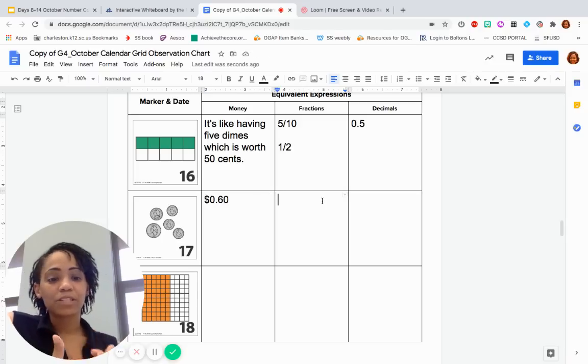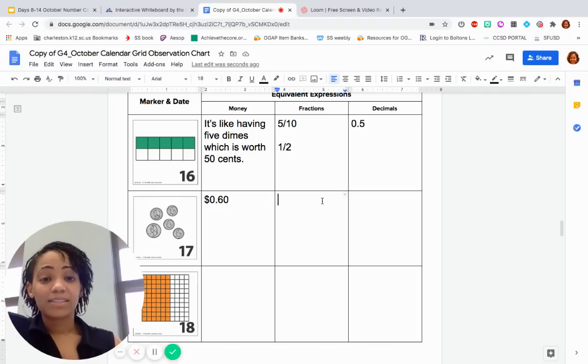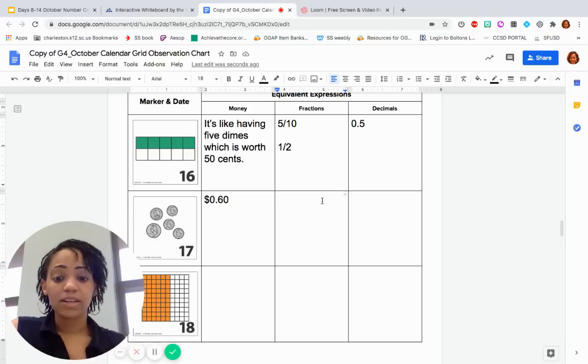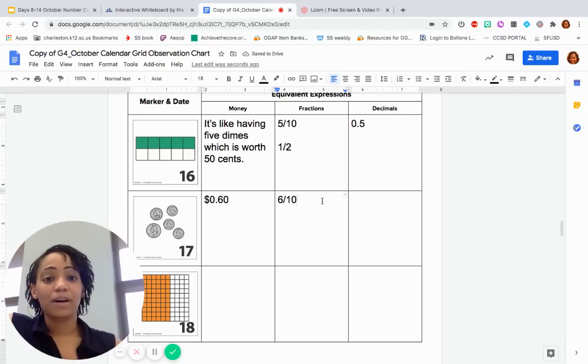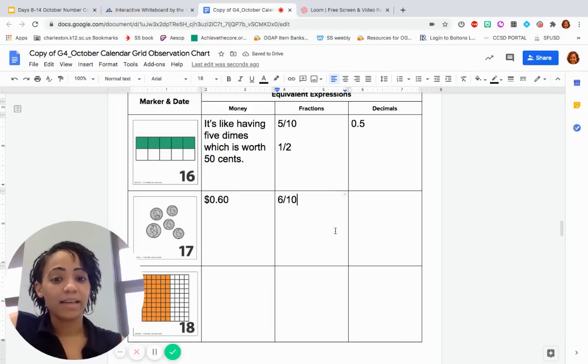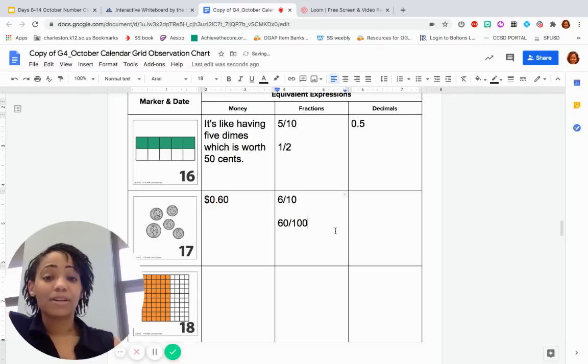Think about those money pieces that we put on top of that dollar bill. 60 cents is like having 6 dimes, and we know a dime is worth a tenth of a dollar. So then I would have 6 tenths of a dollar, which is the same thing as 60 cents out of the 100 cents that it takes to make a full dollar.